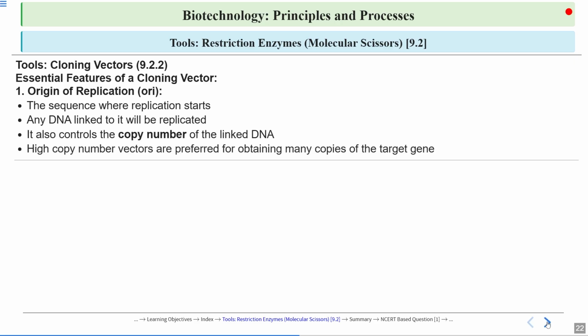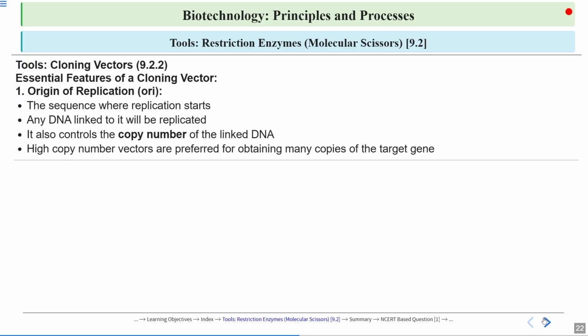High copy number vectors are preferred, as I told, for obtaining many copies of the target gene, because the more copies of our target gene we can have, the better. That's why we usually choose a cloning vector whose ori can give us a higher copy number.